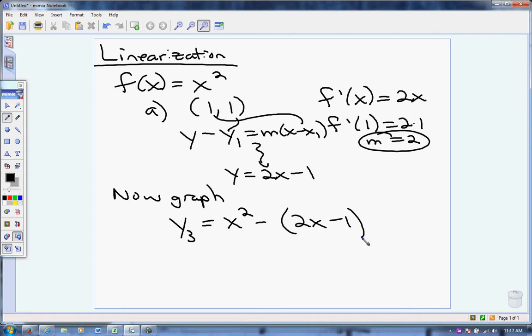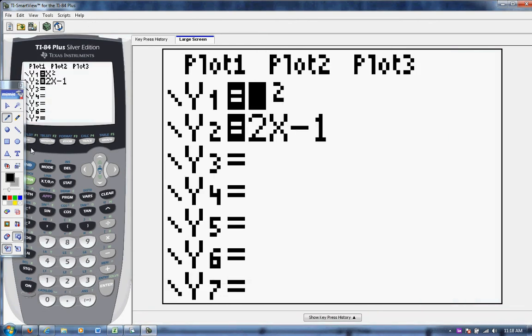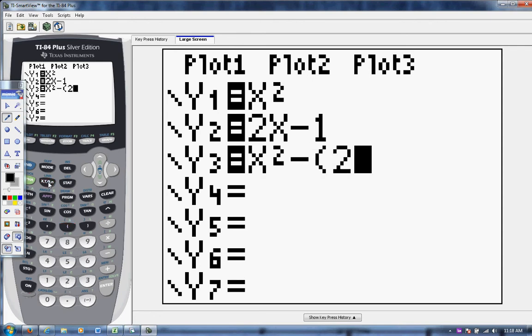Aren't I subtracting the tangent line function from the original? All right. So let's go back to my graphing calculator, go to y equals, and graph what I said there: x squared minus, in parentheses, 2x minus 1. And let's graph it.